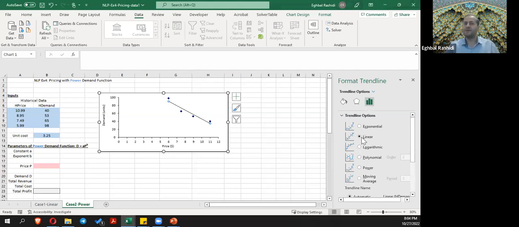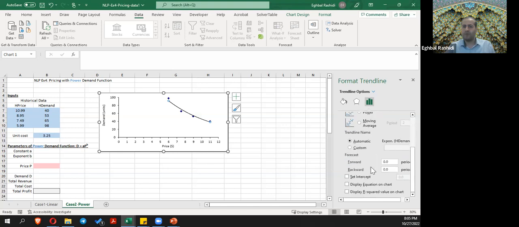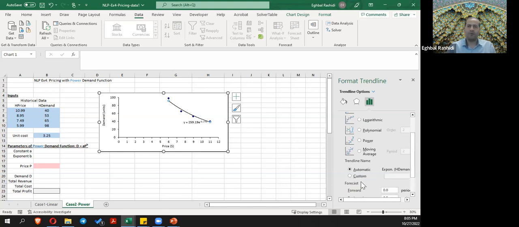It has a couple of options here, as you see, but I'm going to go with exponential, or rather power actually.